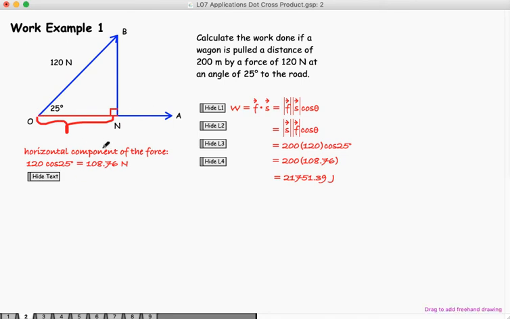That actually ends up being 108.76 newtons in this direction, and then I multiply that by the displacement, which is 200. Altogether, that's giving me 21,751.4 joules. Again, Newton meters when we're doing work is expressed as joules.